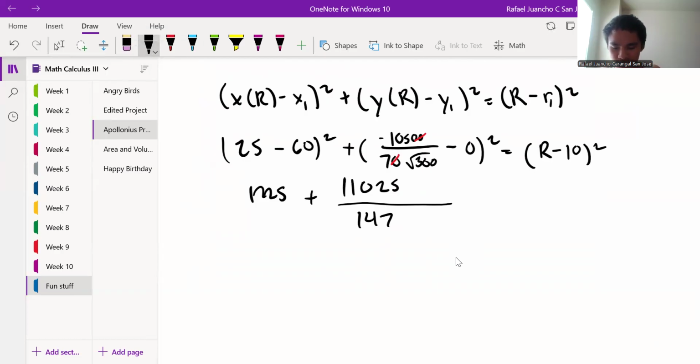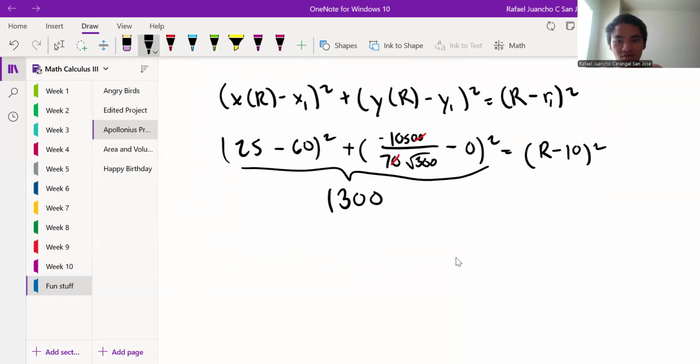Oh, I actually get a nice number. I get 75. I can add this. I get 1, 3. So this whole thing is 1, 3. There we go. My r is 10 plus minus square root of that.